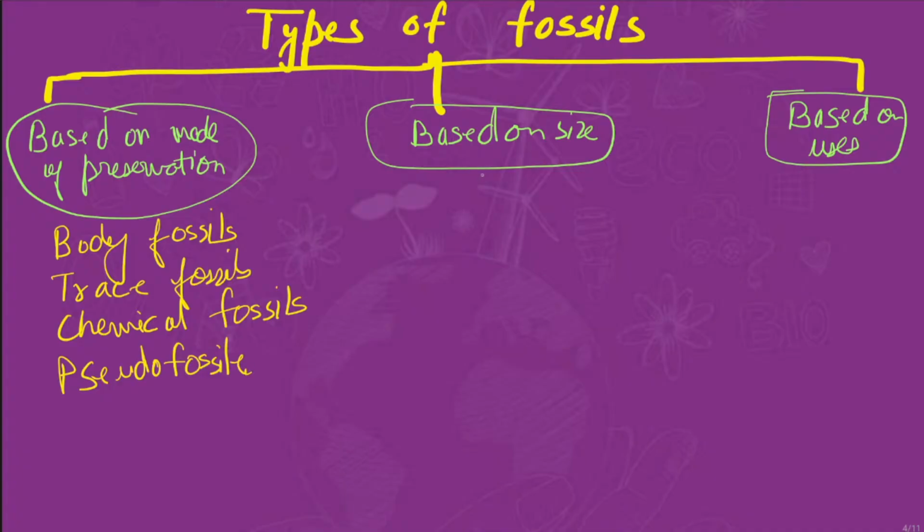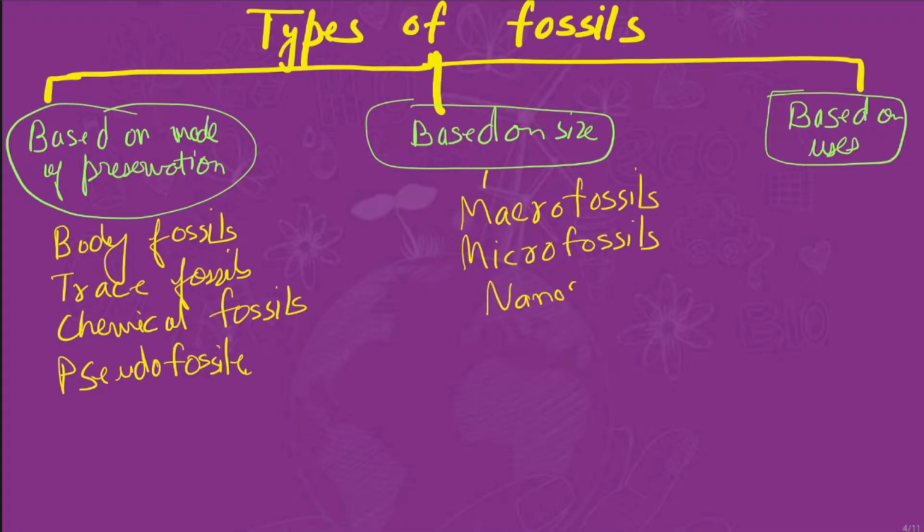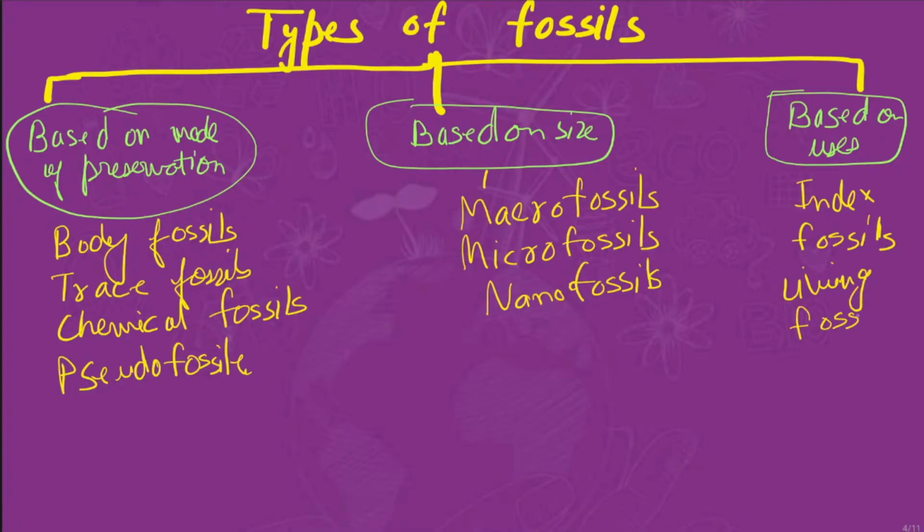Based on size: macro, large size fossils; micro, small size fossils; and nano fossils, very small fossils. Based on uses: index fossils and living fossils. We will discuss these briefly.